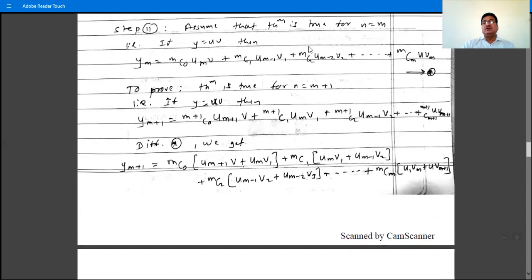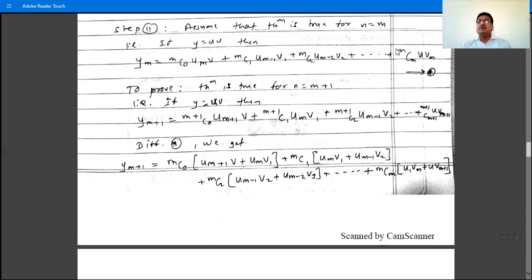Similarly mC2: the derivative of u(m-2) is u(m-1), v2 as it is, plus u(m-2) as it is, and the derivative of v2 is v3.